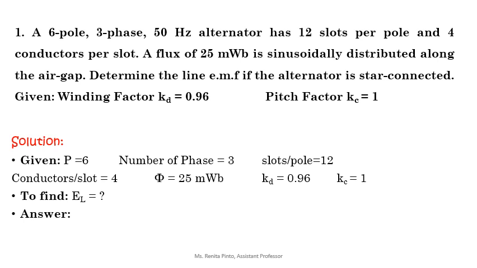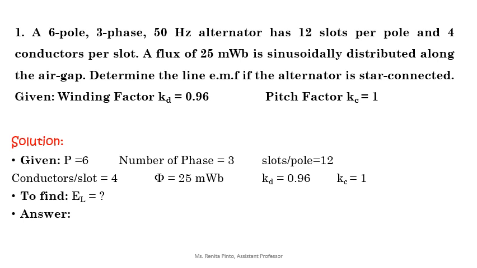So they have given you number of poles P is equal to 6, number of phases is 3, frequency is 50 Hz, slots per pole is 12, conductors per slot is 4, flux phi is equal to 25 milliweber. You need to find out what is line EMF.